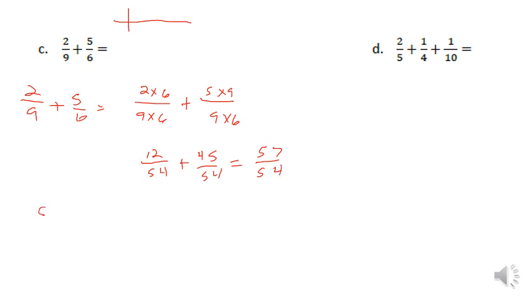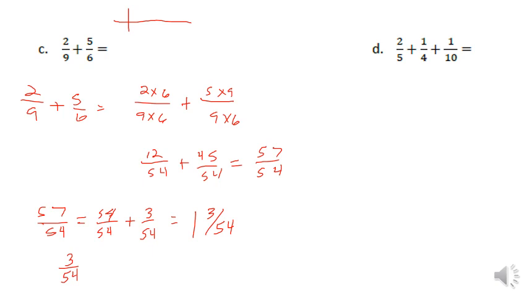Now 57/54ths is equal to 54/54ths plus 3/54ths, which equals 1 and 3/54ths. Now I'm going to take 3/54ths over here, and I know they're not divisible by 2 because they're not both even. But I can see they are divisible by 3 because 5 plus 4 is 9.